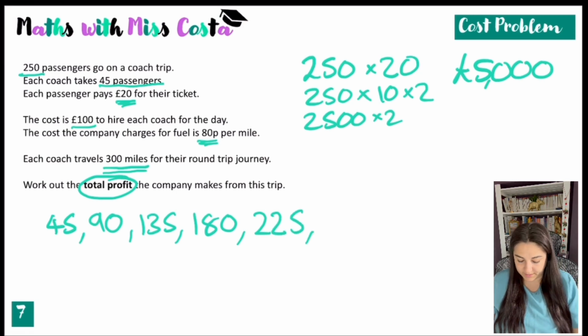And then you've only got 25 left over, but you can't just have the remaining 25 people on top of the coach. So you're going to need an extra coach, even though there's going to be a surplus of seats. So that would be 270. So you need 1, 2, 3, 4, 5, 6 coaches.